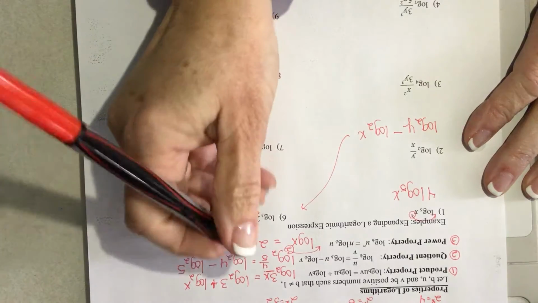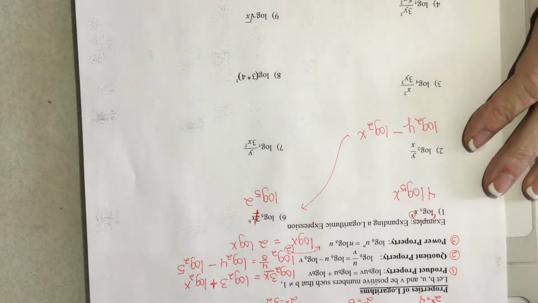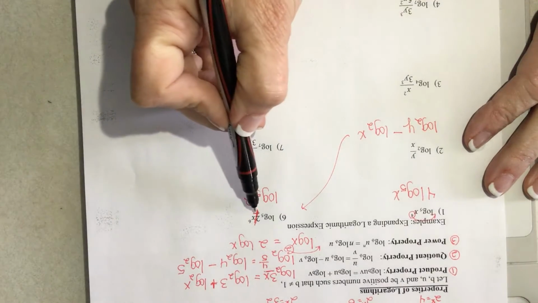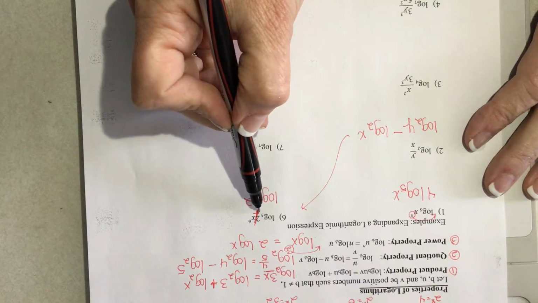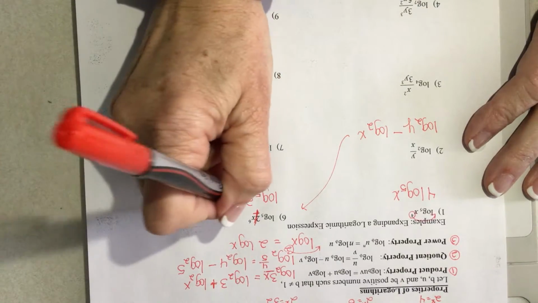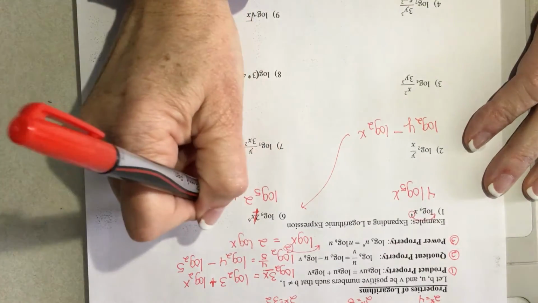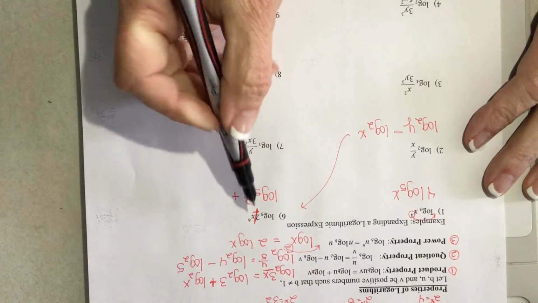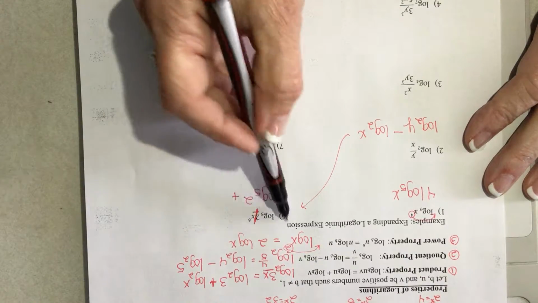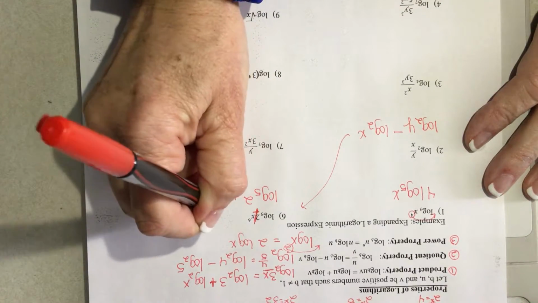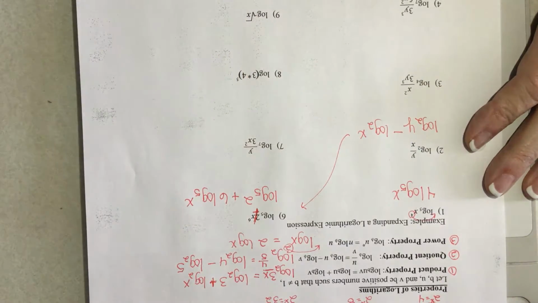So the first one for the 2 is log base 5 of 2. Are these being multiplied or divided? Multiplied. So multiplication means addition. Then I'm going to write my second log, but wait a minute. I have an exponent of 6. Where does that exponent go? Out in front. So I write that as 6 log base 5 of x.